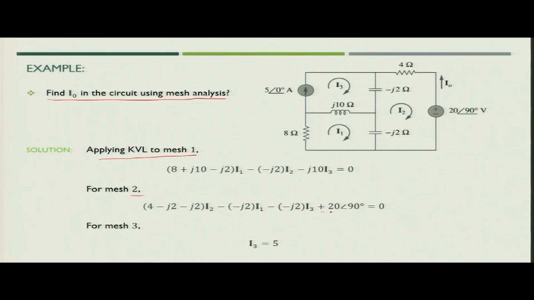So, the voltage source will become plus 20 angle 90 degree. And for loop 3, I3 is simple: I3 equals 5, because the angle is 0. Now you can put the value of I3 in these two equations and simplify.